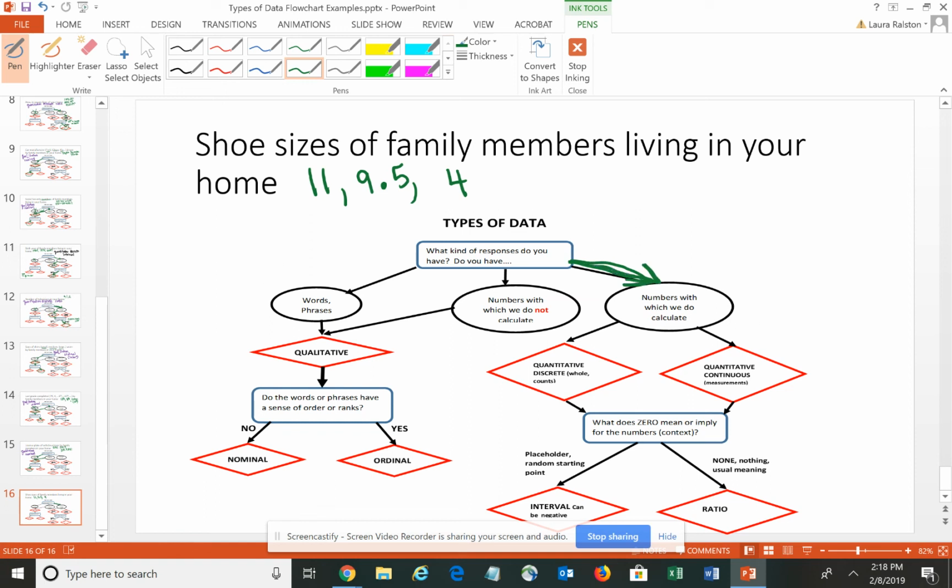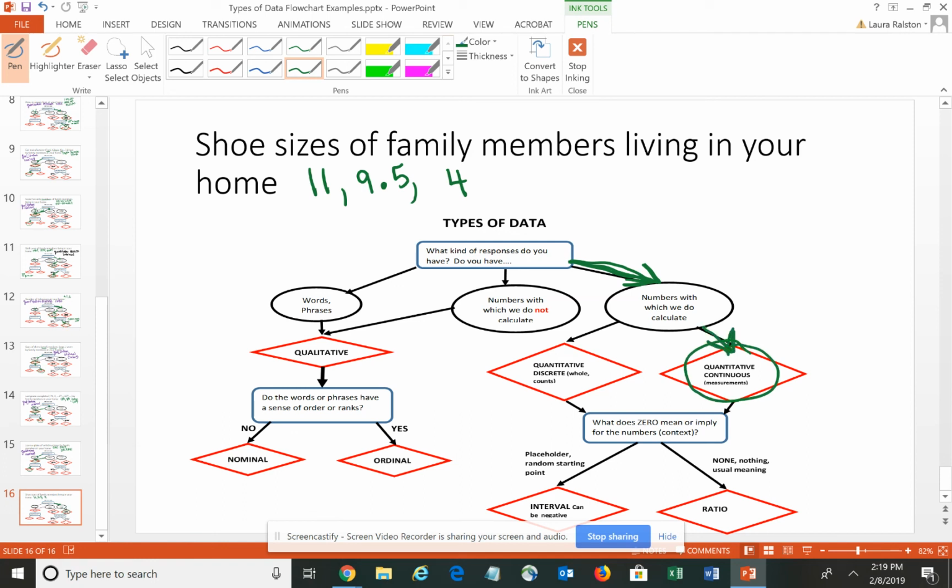So you could go the route to be numbers that we calculate with, which makes it quantitative. To some degree, shoe sizes are a little bit in that gray area, but you can have halves or parts because you're measuring someone's feet. So I would go with quantitative continuous.